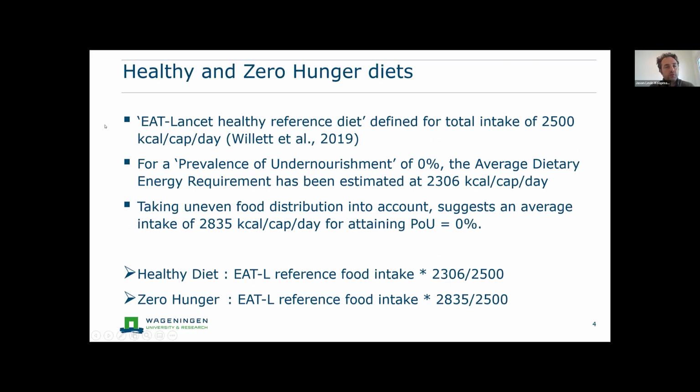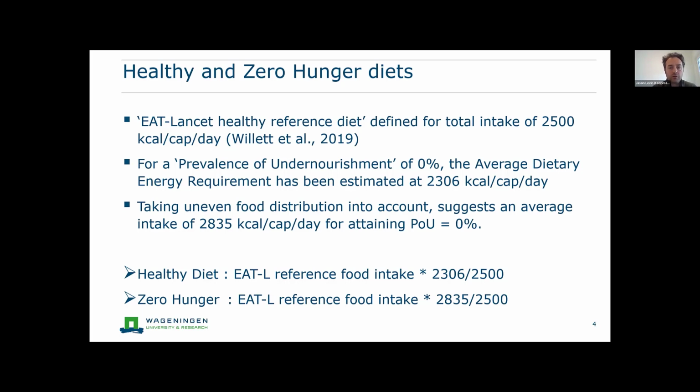A bit more focused into what we mean by these healthy diets. The basis of these healthier diets is this Lancet paper, Willett et al., where the average intake for a healthy diet is 2,500 kilocalories per capita per day, and here we explore two diet alternatives.